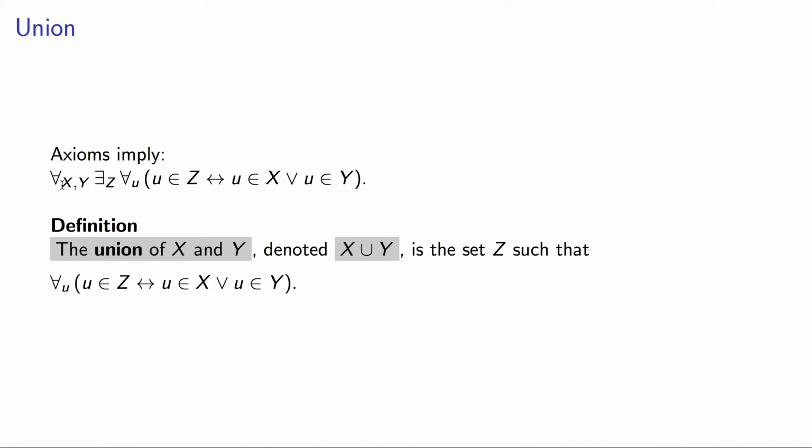So, for any sets X and Y, we can form a set Z which contains members taken from X and Y, including those members which are in X alone, Y alone, or in both sets simultaneously.